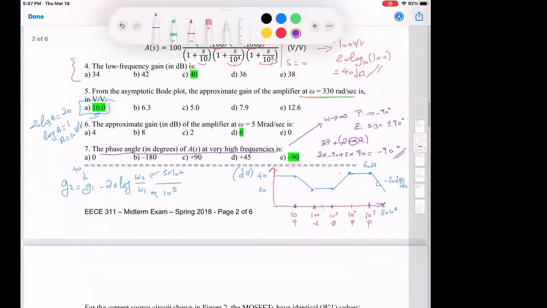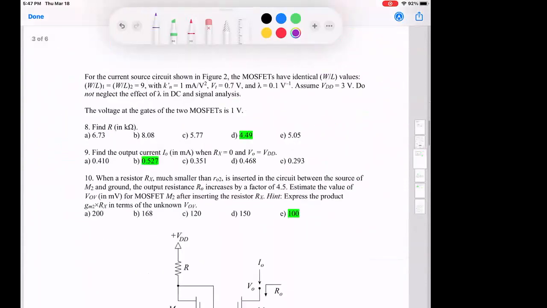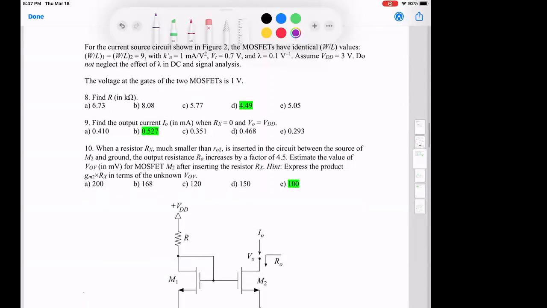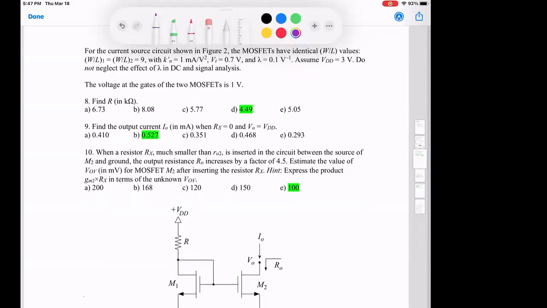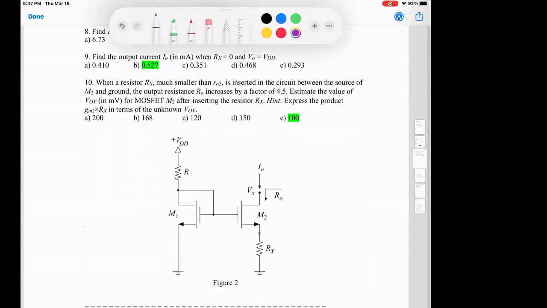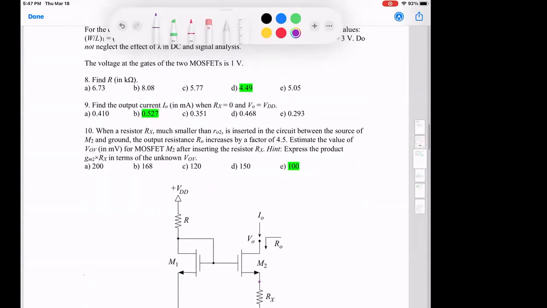But now we're going to move to the next problem, which has some complexity towards the end, but I'll try to solve it in a simple fashion, which will give us an approximate answer. Let us look at this circuit. So here I have a current mirror. They're telling me that the voltage at the gates is 1 volt.